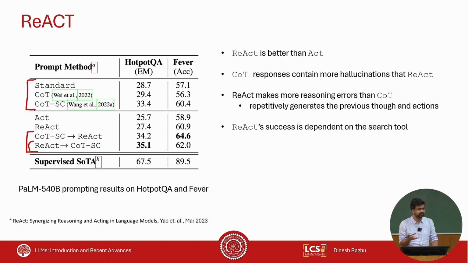But a generalized statement is that REACT's success is dependent on how you define the action space. Because nobody told you that you should only use search, lookup, and finish. You can use whatever action space you want. So in general, when you design REACT, the design of the action space is very crucial in determining whether your approach is going to work for this data set or not.